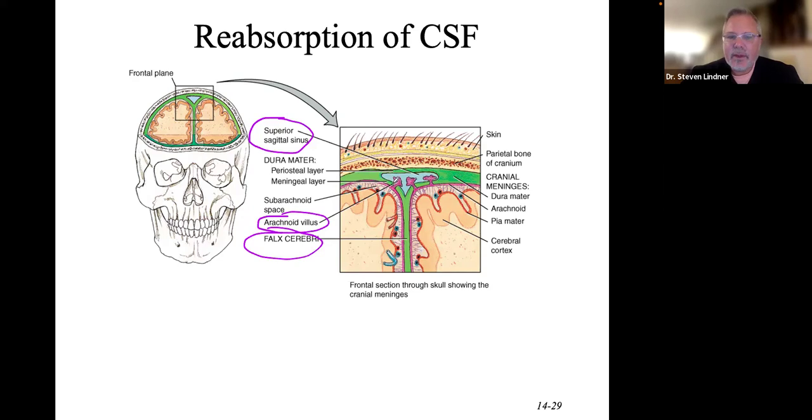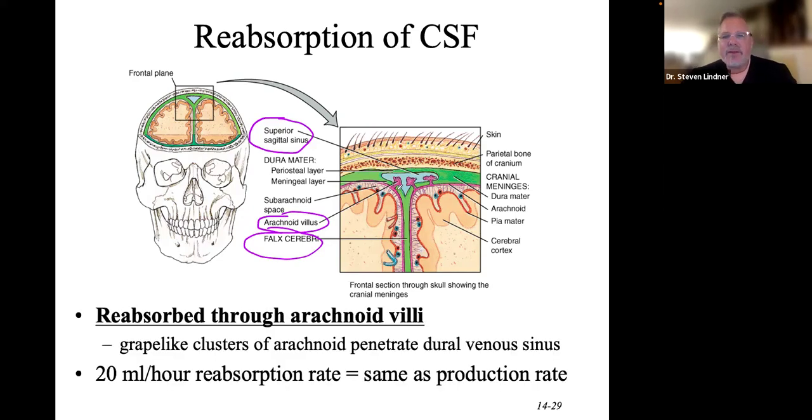Okay? The arachnoid villi are going to serve the purpose to reabsorb that cerebrospinal fluid. And the reabsorption rate should be equal to the rate at which it's being produced.